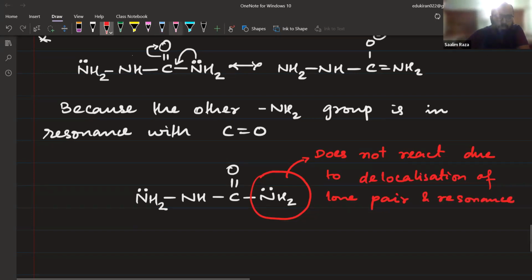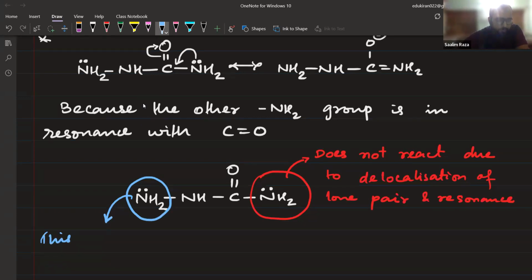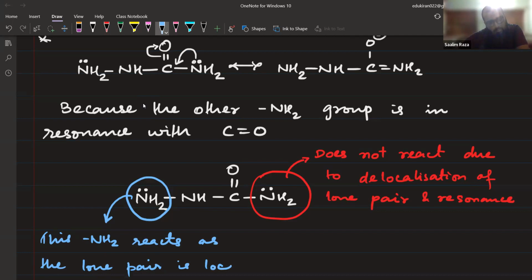ठीक है. उसके बाद अब बढ़िया से एक यहाँ पे इसमें बना दीजिएगा. You will draw it like this and you will write this NH2 reacts as the lone pair is localized. ठीक है.